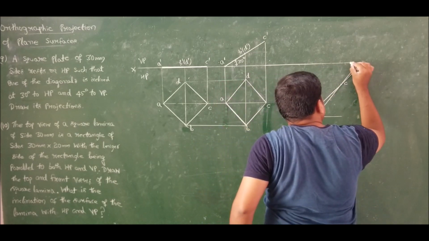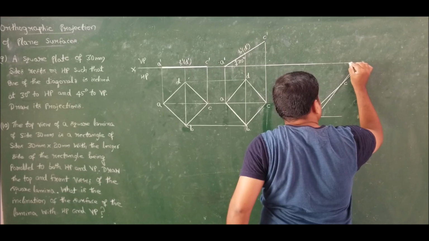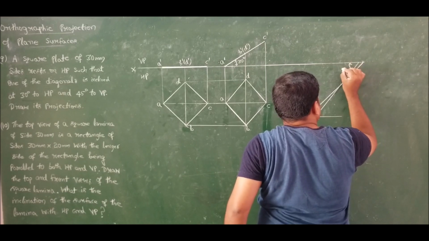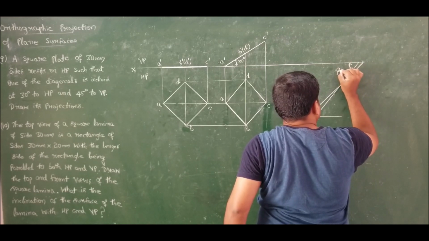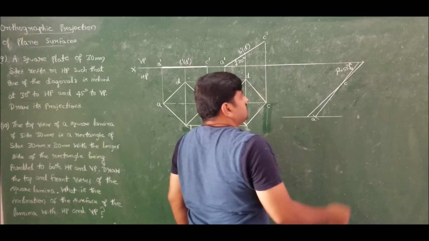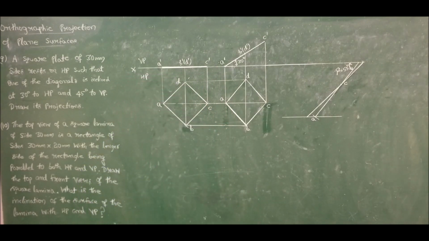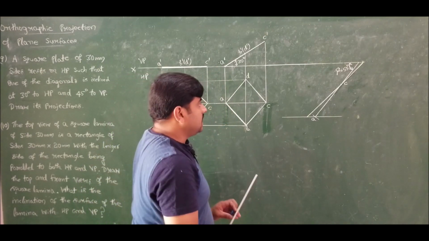So beta is equal to 55 degrees, whereas the true inclination is given as 45 degrees. Hope it is clear.